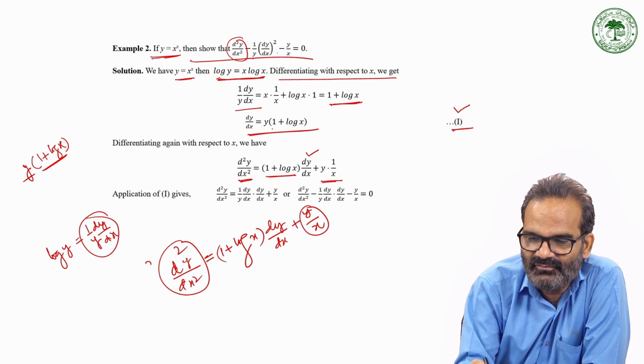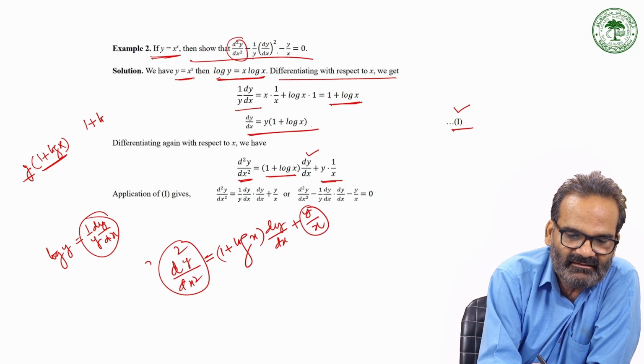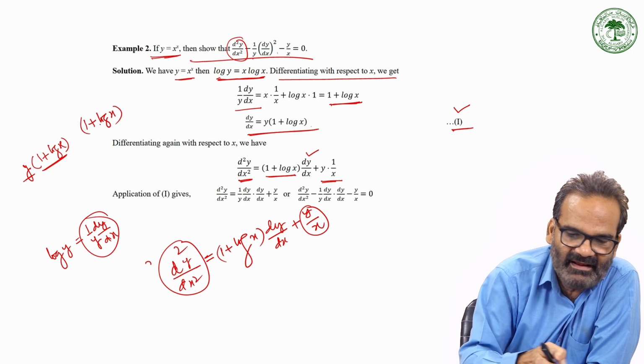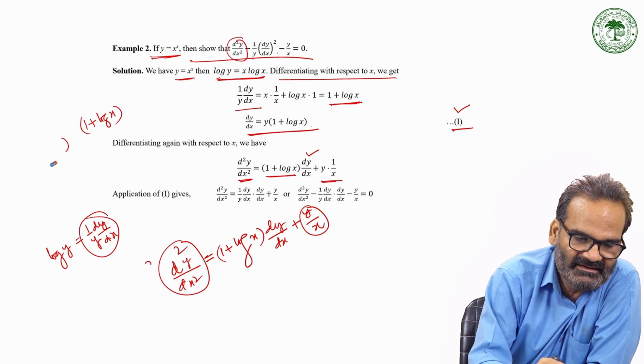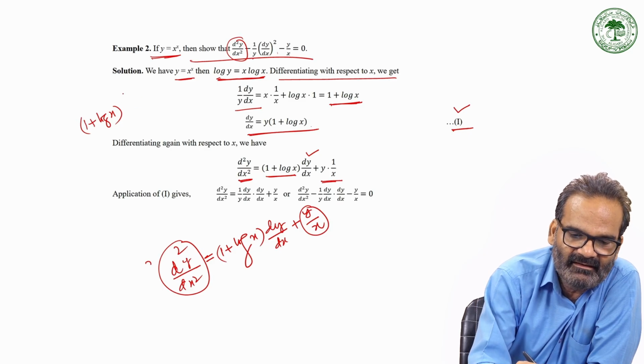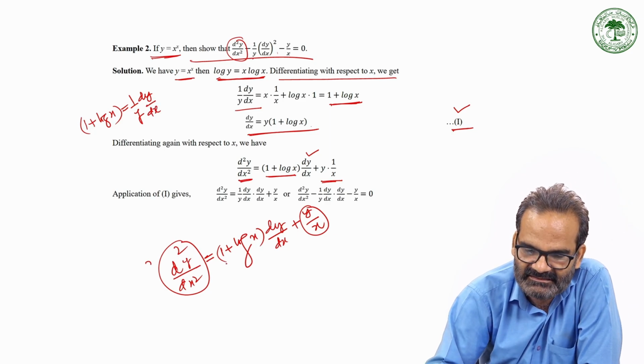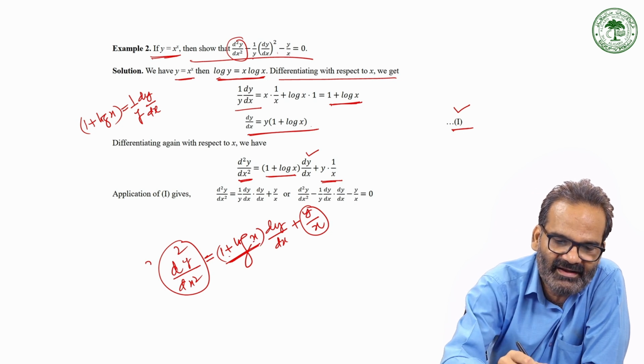What is the value of 1 plus log x from here? 1 plus log x can be written as 1 upon y dy over dx. So put the value from equation 1: 1 plus log x is equal to 1 upon y dy over dx.